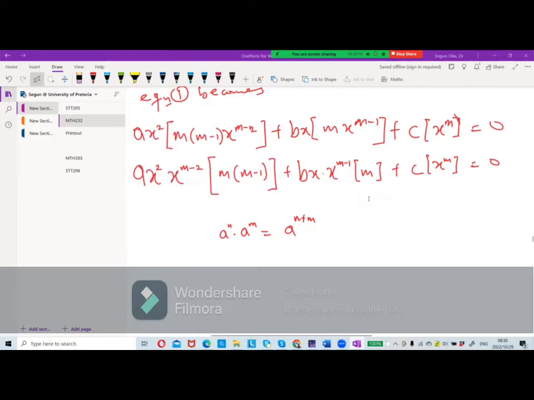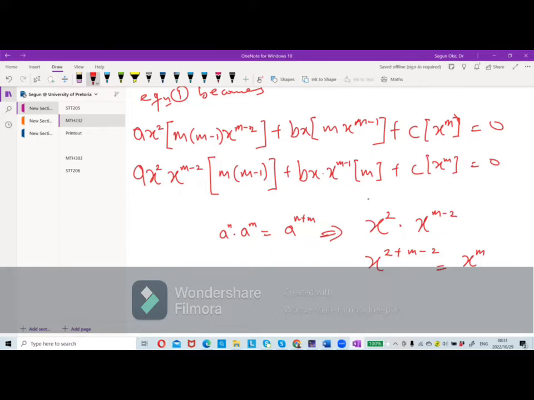Okay, I hope you understand this now. So let's do this one first. It's the same thing applicable to s raised to power 2 multiplied by s raised to power m minus 2. What we have is s raised to power 2 plus m minus 2. So at the end of the day, you have s raised to power m.